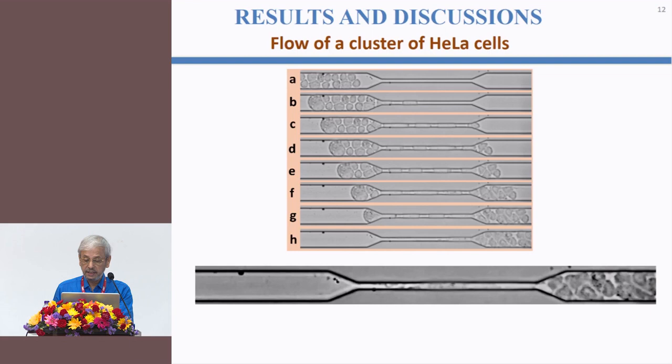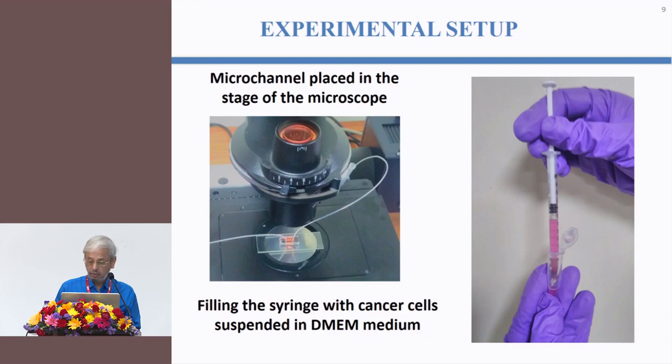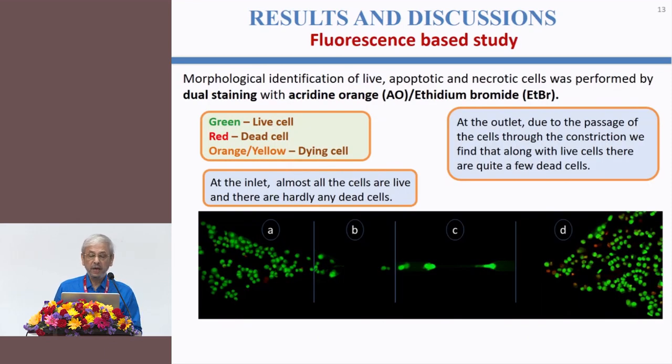And in this study, as I said, even though with this expansion some cells die, we basically studied viability. So this viability study was done through a fluorescence based study. Basically cells were stained with acridine orange and ethidium bromide, and you can see on the left hand side it's a mixture of cells, green, red, orange, all colors are there, but primarily green.